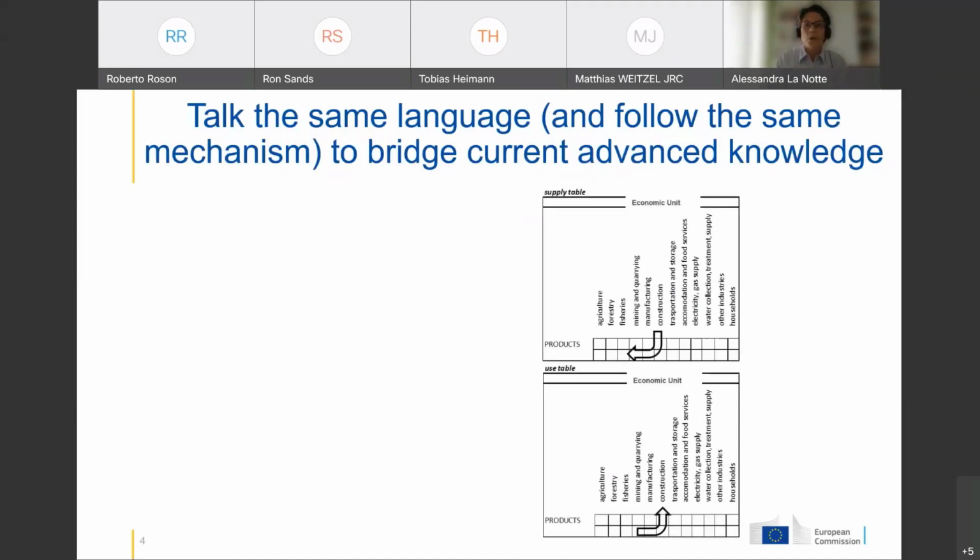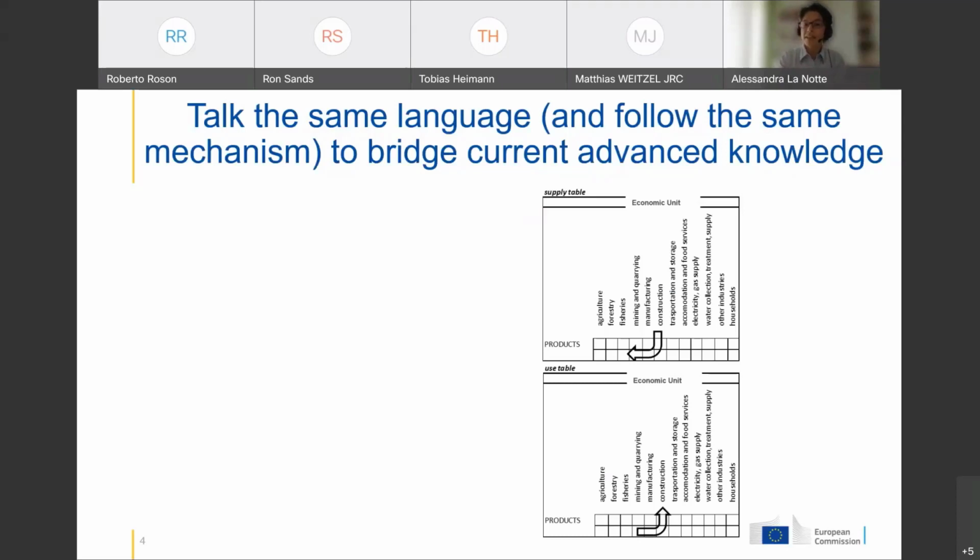A framework that can help us build this bridge is an integrated accounting system that starts from the core SNA accounting, the system of national accounts. In particular, here I'm looking at the supply and use table. This is a very simplified way to show it.